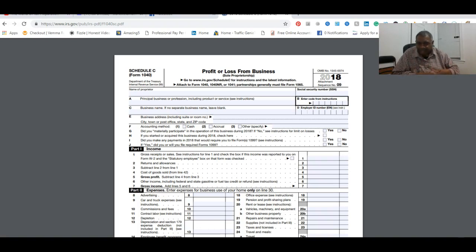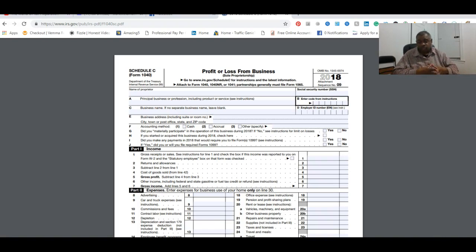F, accounting method. Myself personally, I use an accrual method because I like the advantages of the accrual method over the cash-based method. The difference between cash-based versus accrual is, for the cash-based method, you can only count expenses that you actually paid, and when it comes to income, you can only count income that you actually received in your hand.